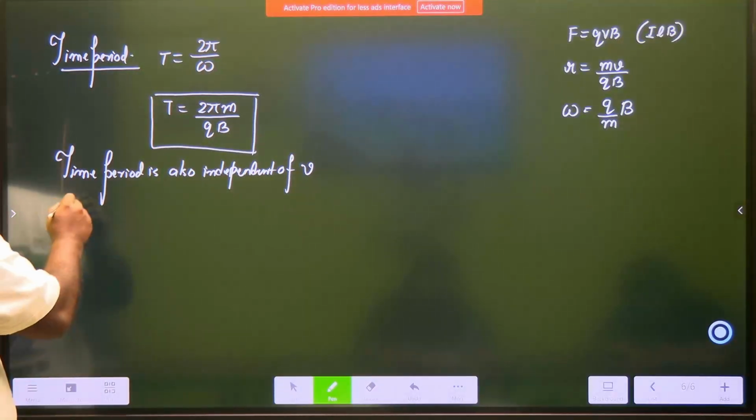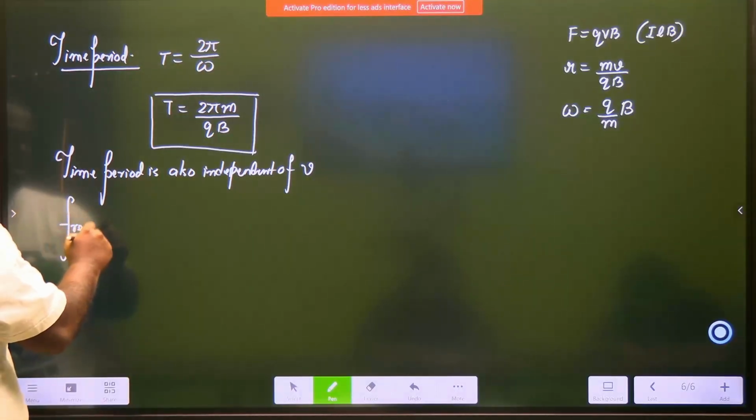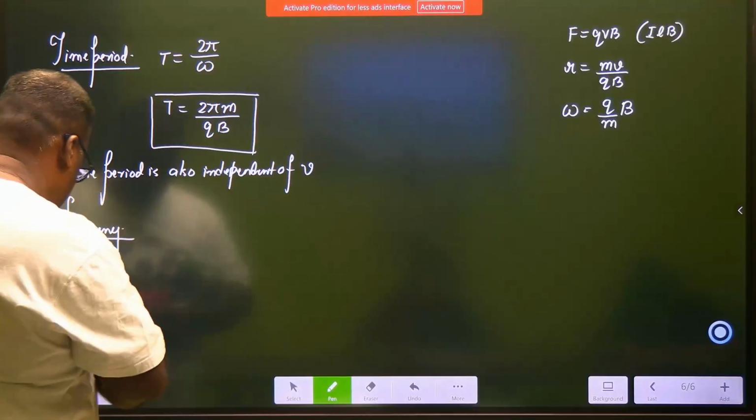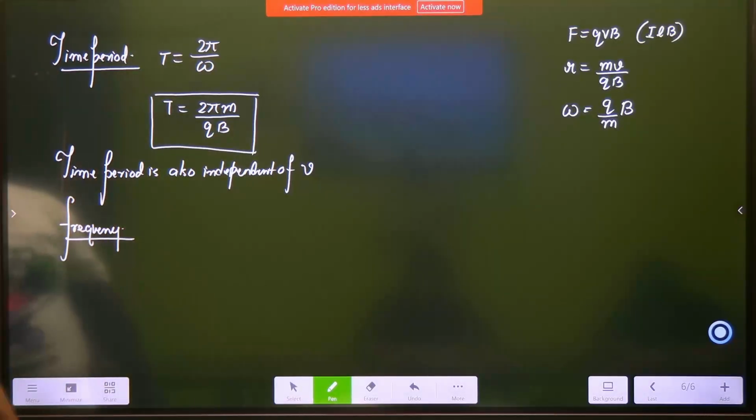Once you know time period, now you are trying to see the frequency. The cyclotron's frequency. That was angular velocity. Now you are trying to see frequency. Remember one thing, angular velocity and frequency are not the same thing. They just share the same units.